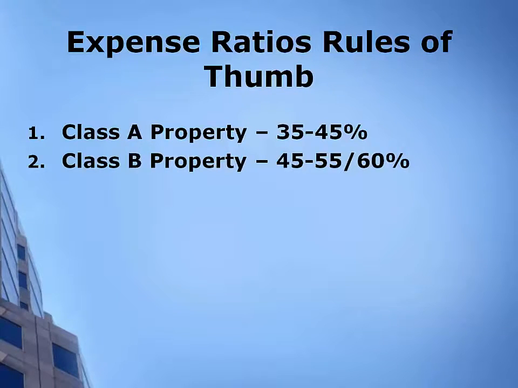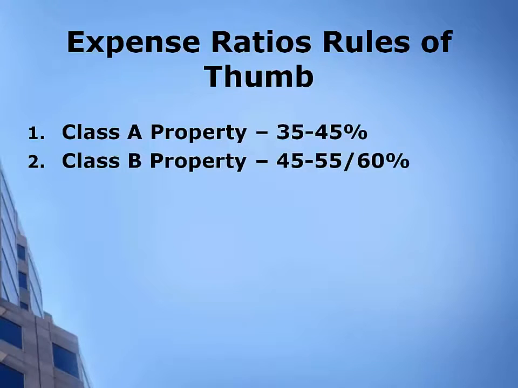Occasionally, you'll have a B-class property that slips in as an all bills paid property. If that's the case, you're looking at an expense ratio closer to 60%. But typically, the Class B tenant pays their own utilities, so you're looking at an expense ratio of between 45 and 55. What's the difference between 45 and 55?